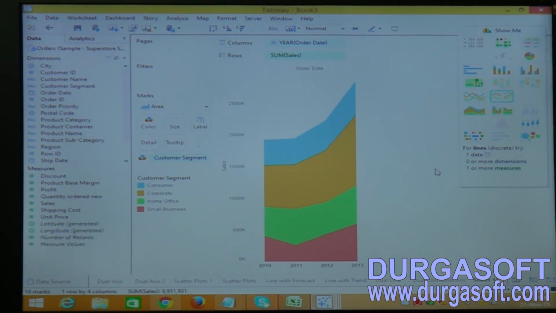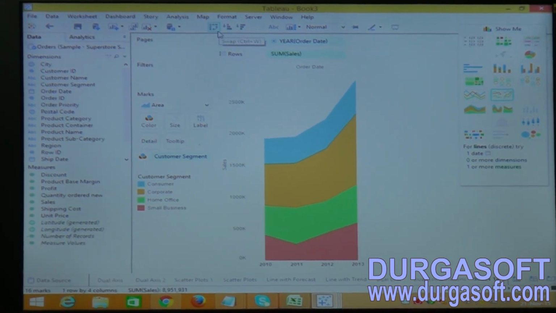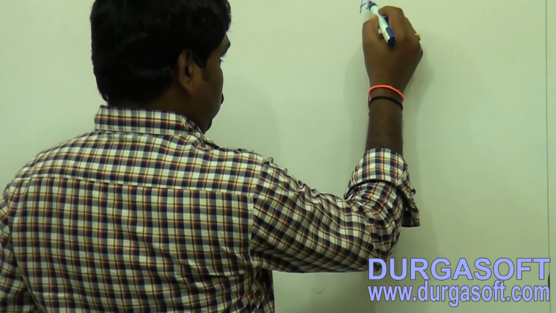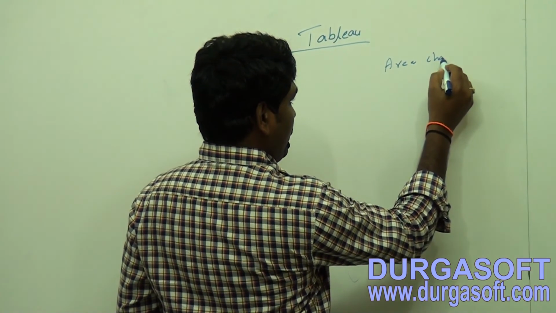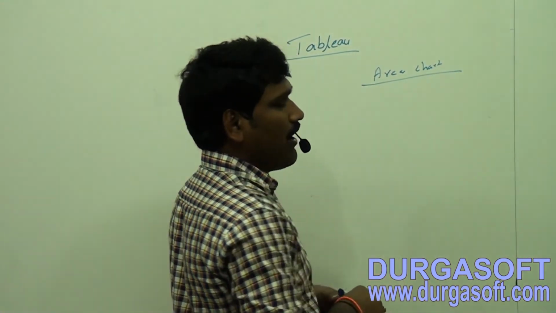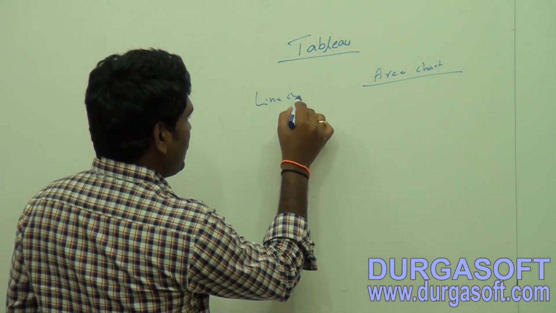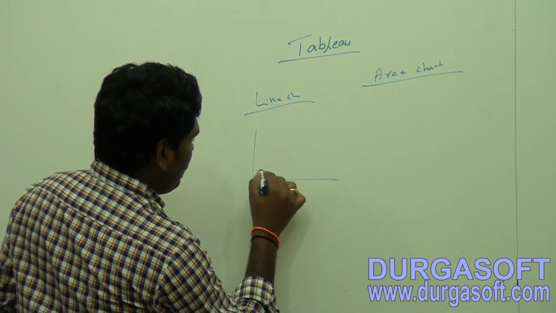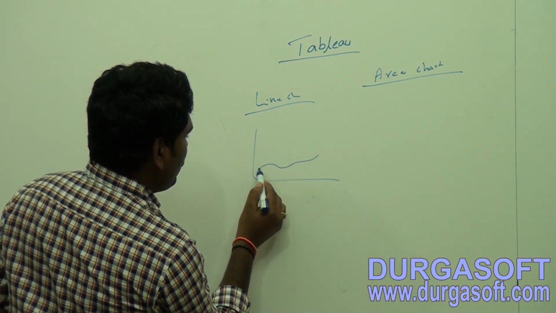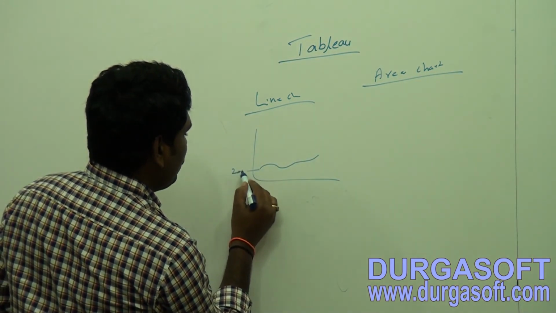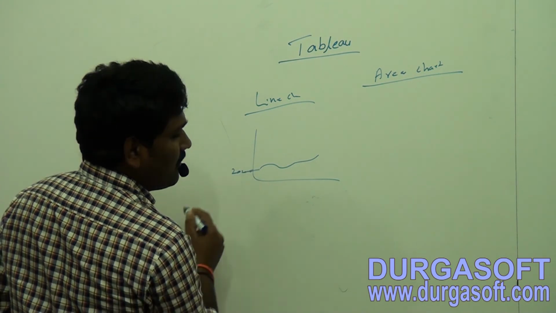That means it will give you the data which we need to understand like this. Area chart. See, normally how the data is represented in a line chart: if you have data here of 2000, it will be represented based on the scale.